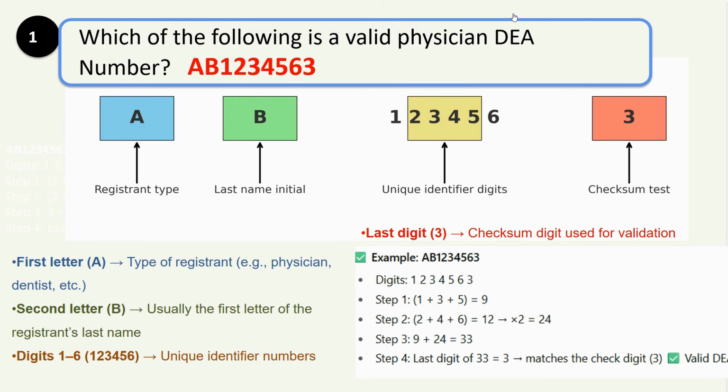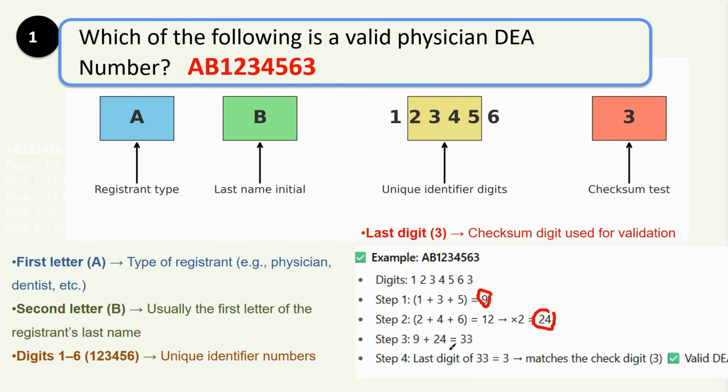The second step is you take 2, 4, and 6. If you add 2, 4, 6, it's 12. Multiply this 12 by two, and it gives you 24. Now you add step 1, which is 9, and 24.